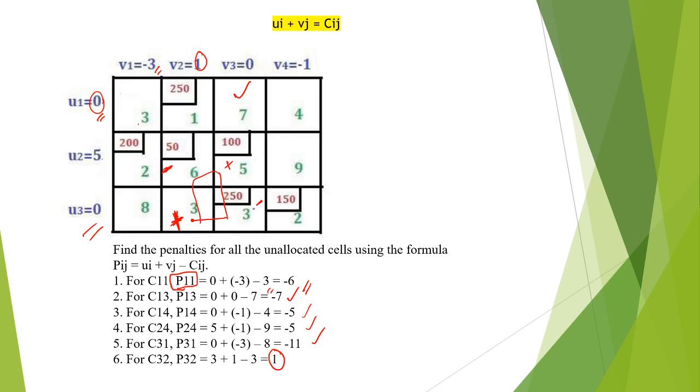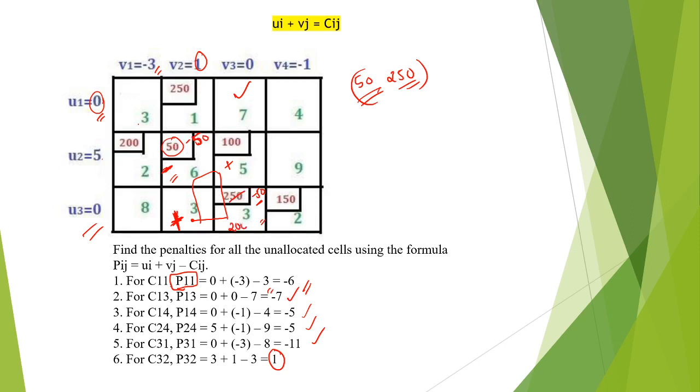Now you find the negative cells, and the 50 and 250 are the two elements, and the minimum is 50. So what we will do is subtract 50 from the negative cells. So we will subtract 50 here, and from here we will subtract 50.